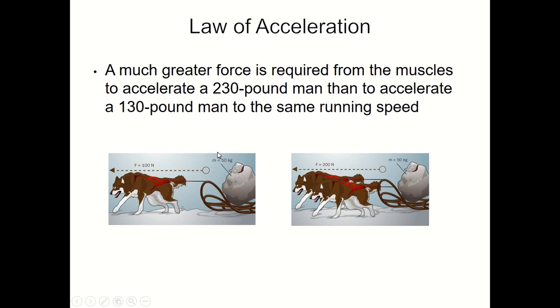So a much greater force is required from the muscles to accelerate a 230-pound man than to accelerate a 130-pound man running at the same speed, because the mass is larger, right? So looking at our example here, the bag is remaining constant at 50 kilos, okay?